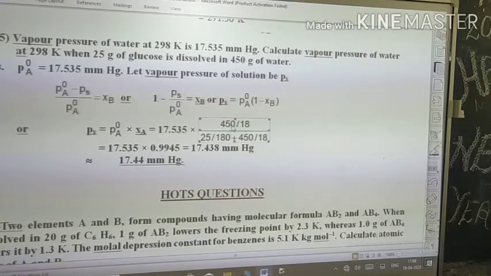It is gram mass of water upon its molar mass, upon gram mass of glucose upon its molar mass plus gram mass of water upon its molar mass. So finally we get the answer, which is 17.44 mm of mercury.